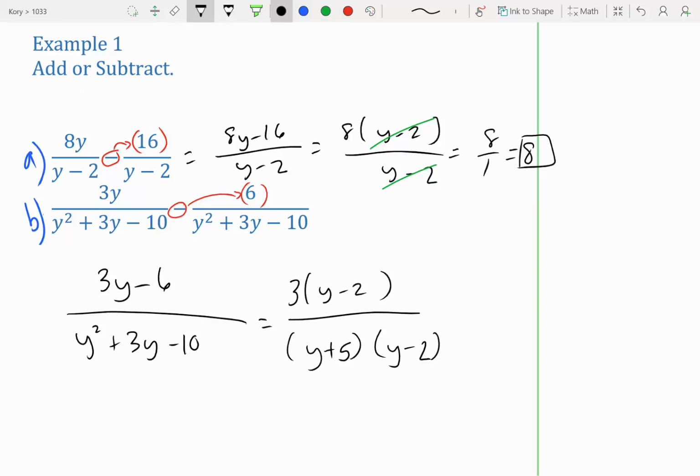A lot of the times, if you can factor it out, most of the time you're going to get two of them that are matching. Just like here. That's actually going to help you factor it out. Now we can go ahead and cross some things out. So we cross out the y minus 2, and we're left with 3 over y plus 5.